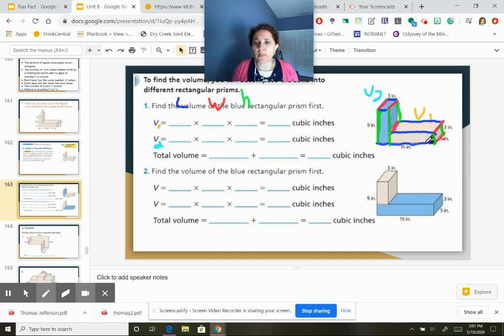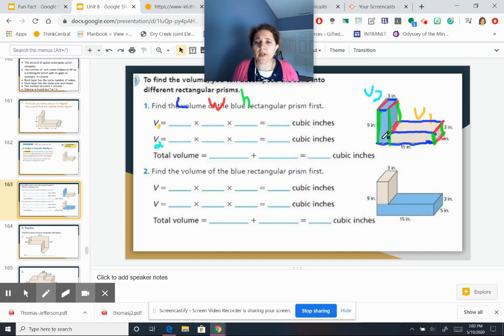It's just this part right there. How could I find just this length? It's not 15. 15 is the whole line going across from this end to this end. But my shape ends right here. So it's not 15. The whole thing is 15.